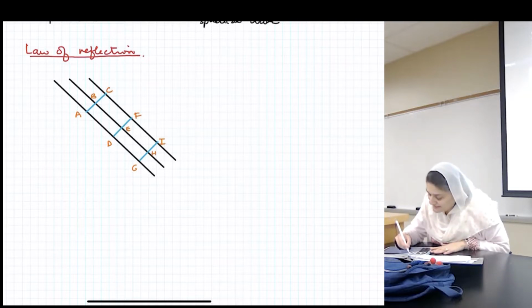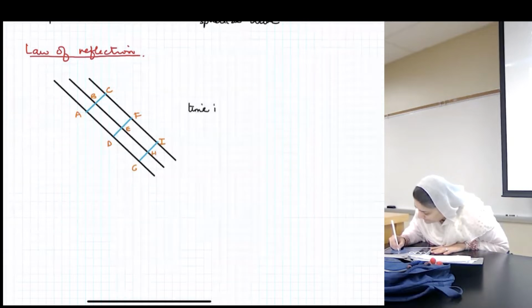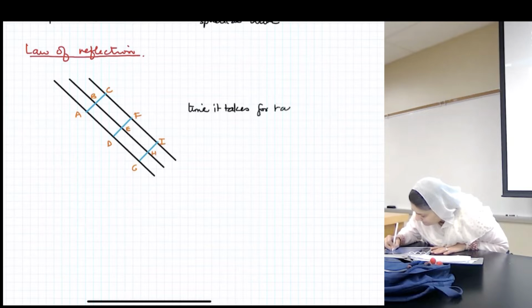So I can say that the time it takes for rays to go from A to G is the same time that it takes B to H, is the same time as it takes from C to I.